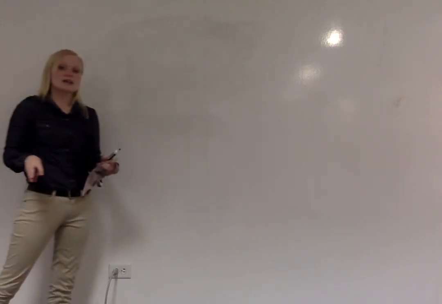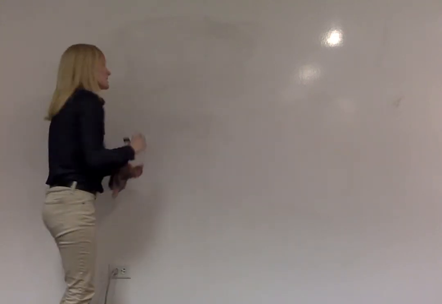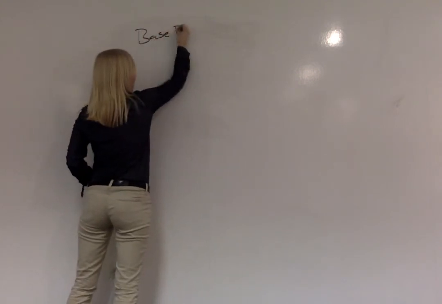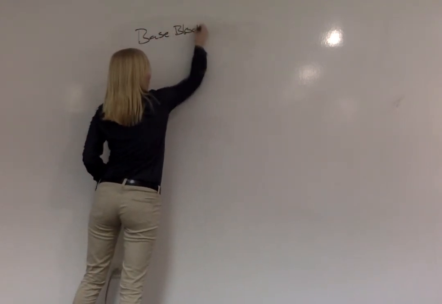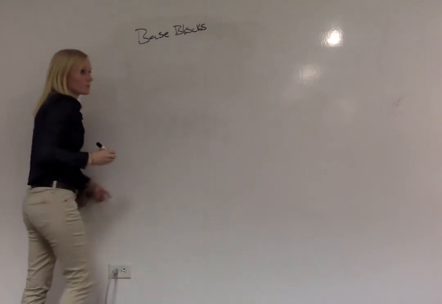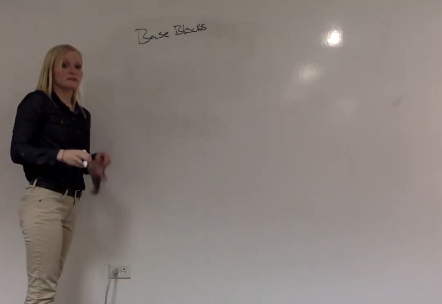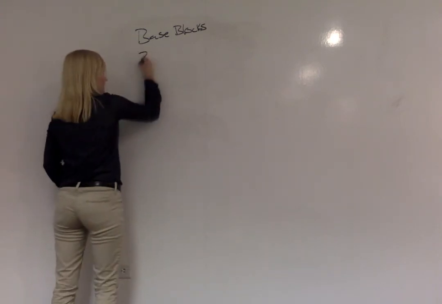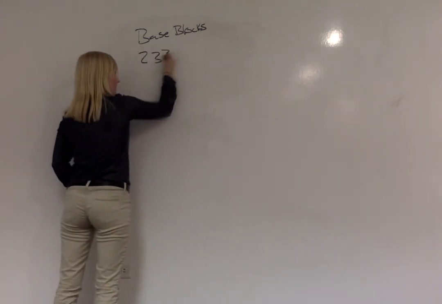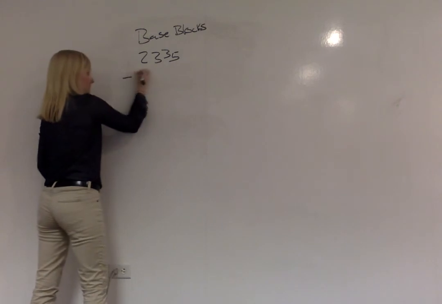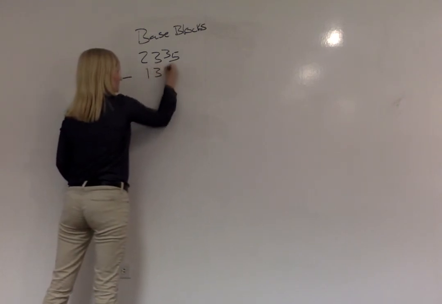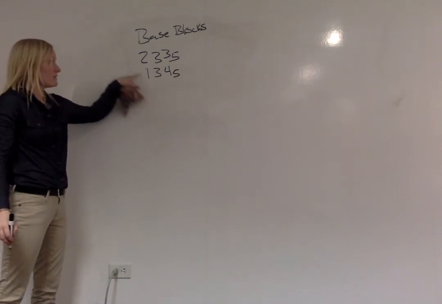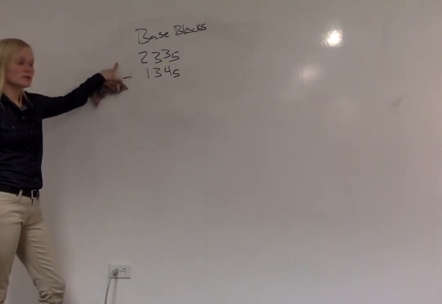The next strategy in subtraction is base blocks. Base blocks is set up a little differently in subtraction than it is in addition. Now, we have the same base that we used in addition.